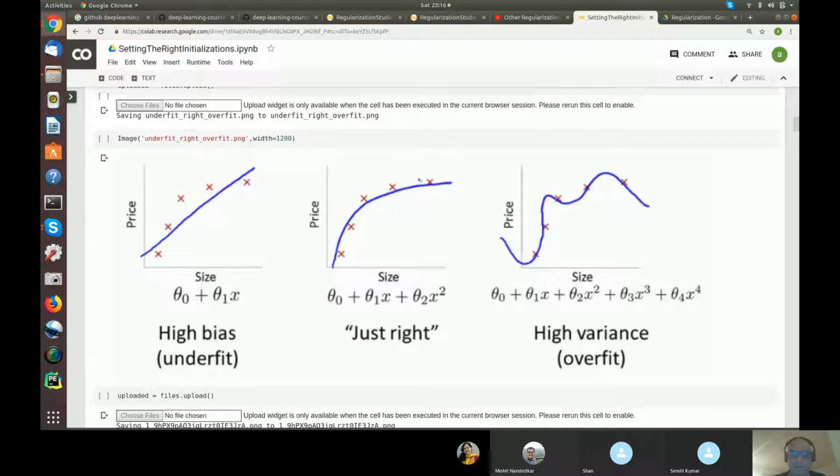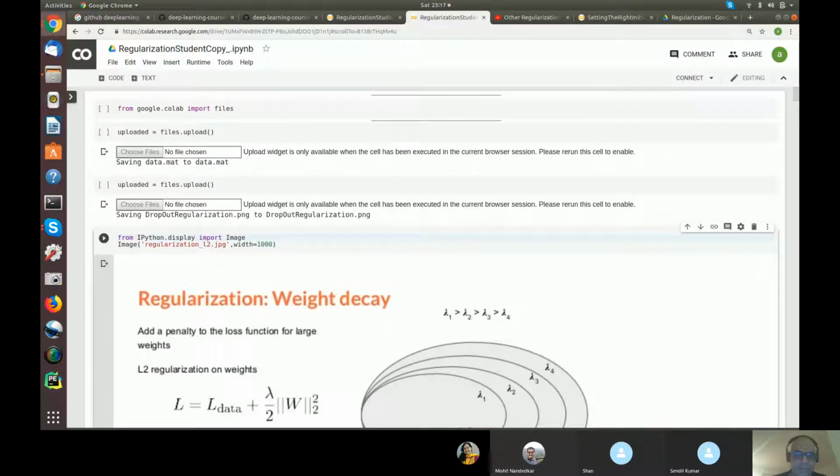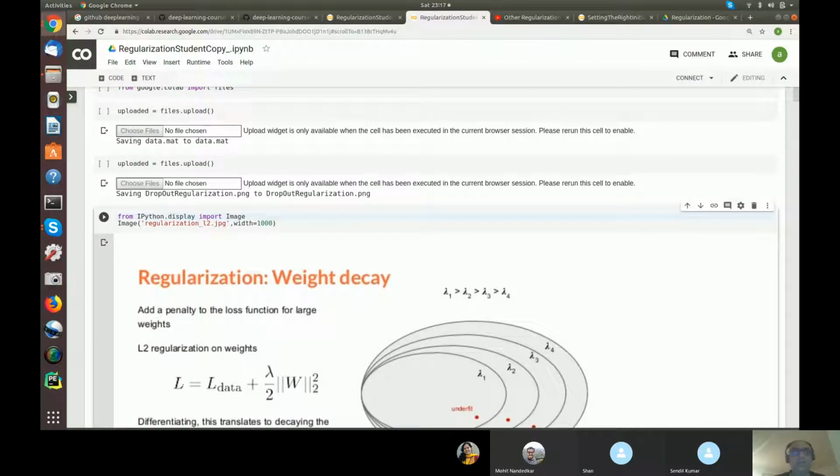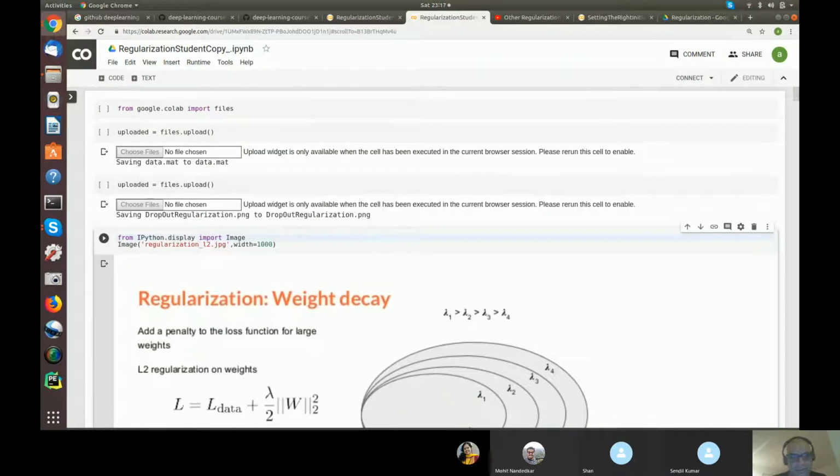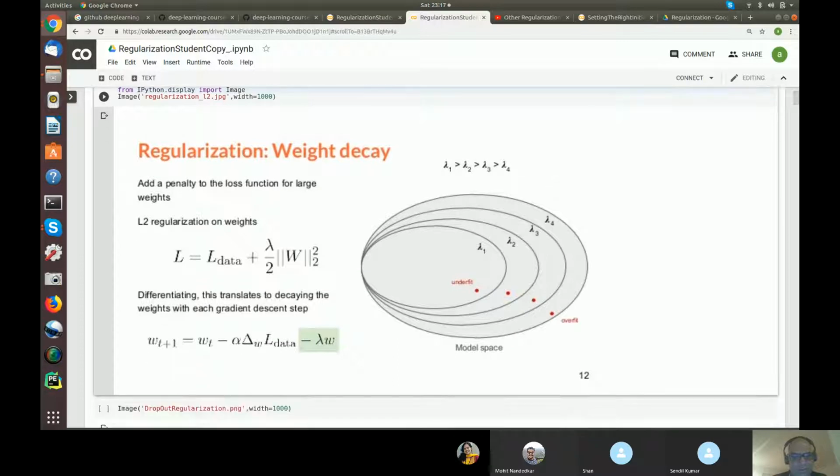So how do we do this for neural networks? We will talk about 4 methods to do this. So this is the first one.